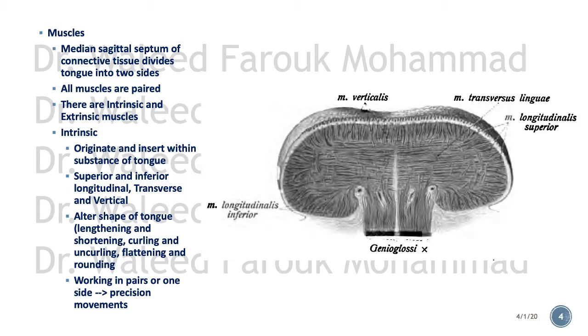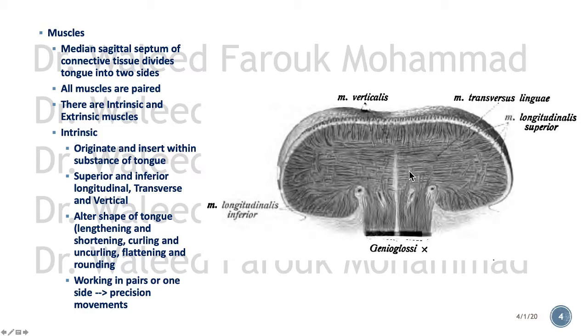But the intrinsic muscles originate and insert within the substance. They actually form the substance of the tongue. They are free, not attached to bone. There's a median sagittal septum that divides the tongue into right and left sides, and all muscles are paired.